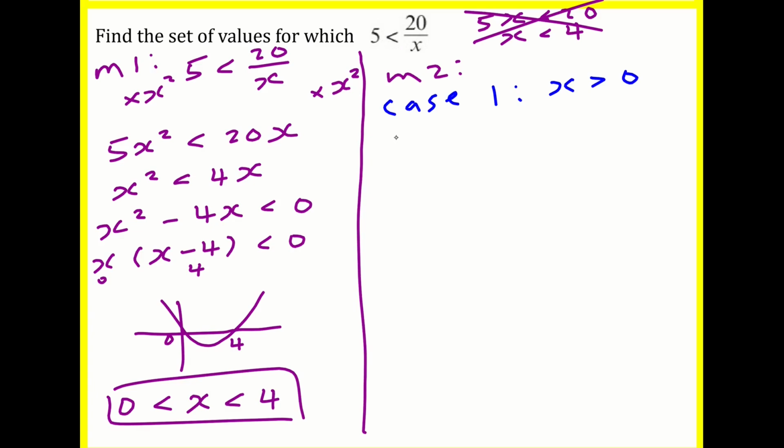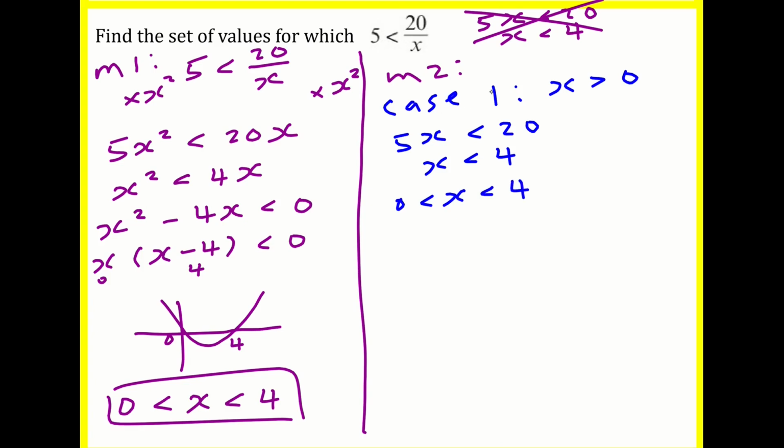Now I can simply times through by x because I know the sign doesn't change. So 5x is going to be less than 20 and x is going to be less than 4. Now, that's not the end because at the start I assumed that x was greater than 0. And so I'm going to get that 0 is less than x, which is less than 4.